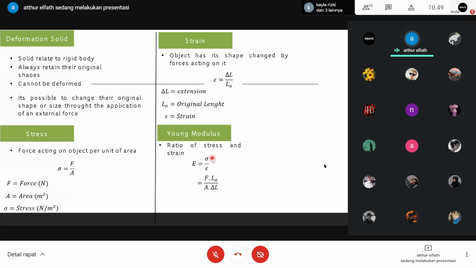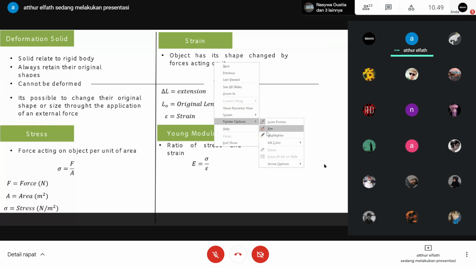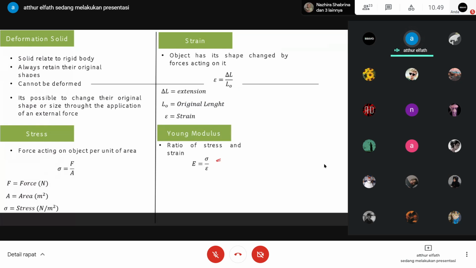We substitute this formula step by step. Firstly, let's substitute the stress: F per area, and then substitute the strain, which is delta L per L0.